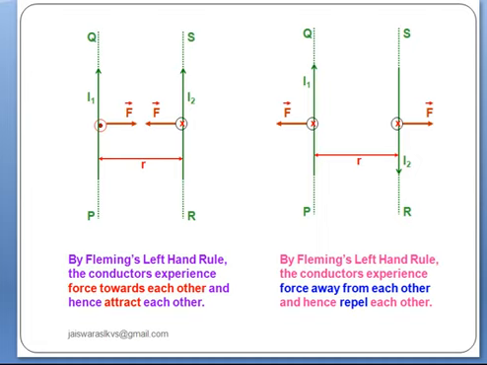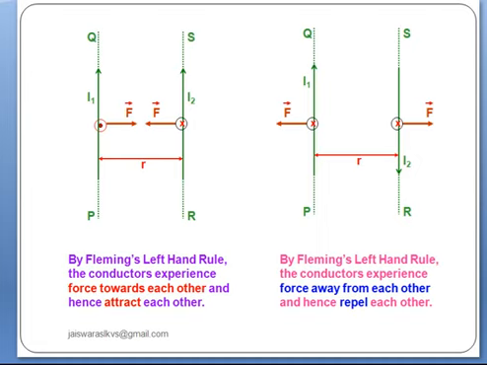So how can you calculate the direction of the magnetic force? For that we have to use Fleming's left hand rule. As per Fleming's left hand rule, the force acting on conductor number 1, that is PQ, will be inside, or you may say will be to the right side.